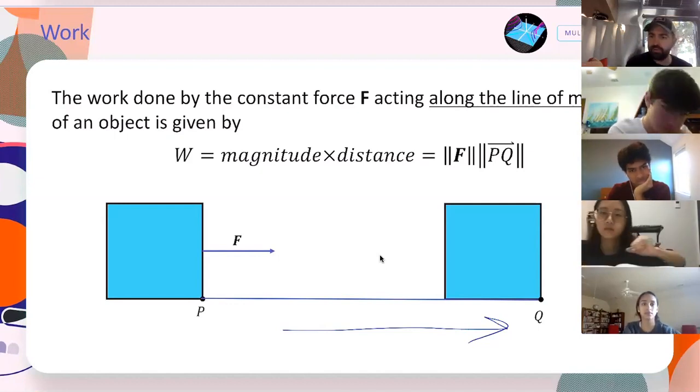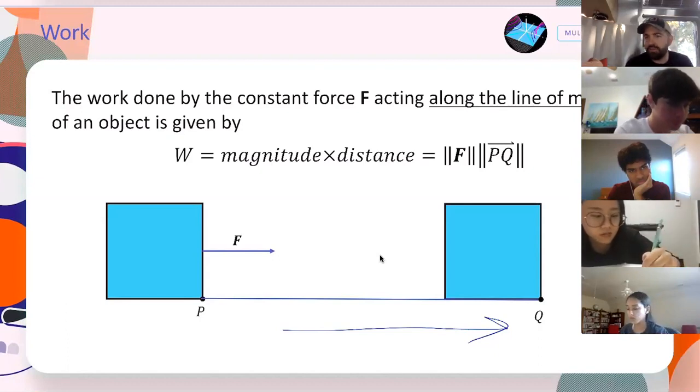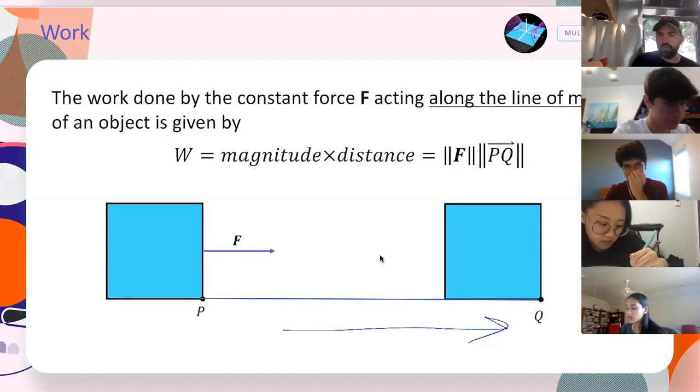So PQ represents the path of the object. The magnitude of PQ would basically be how far you moved it. So work done in moving the object would be magnitude of the force times the distance that you moved, as long as you're going in that direction, which is not common. A lot of things that's not the case, but that's how you could find work done.